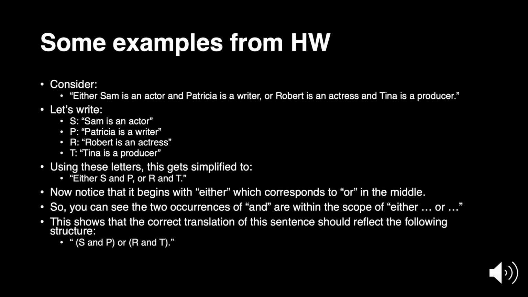And so you can represent the structure of this sentence like this: either S and P or R and T. Once you get this far, it should be very straightforward to translate finally into our symbolic language, and I'll leave that last maneuver to you.